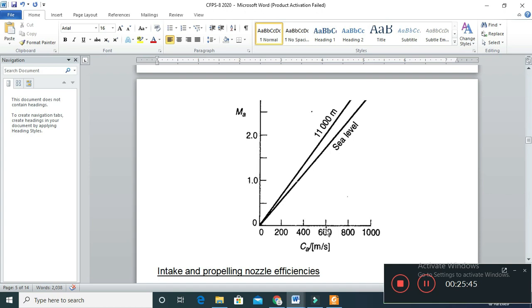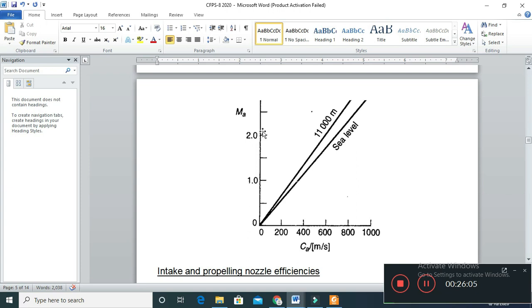Suppose the value of velocity is 600 meters per second. The Mach number at sea level will be around 1.6, but at this higher elevation it will be around 2.